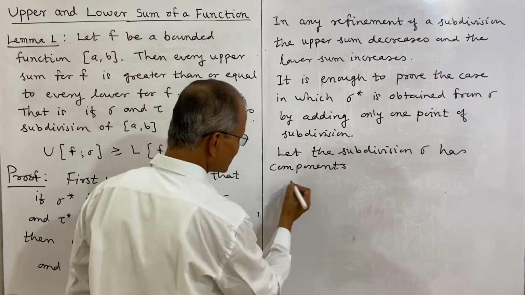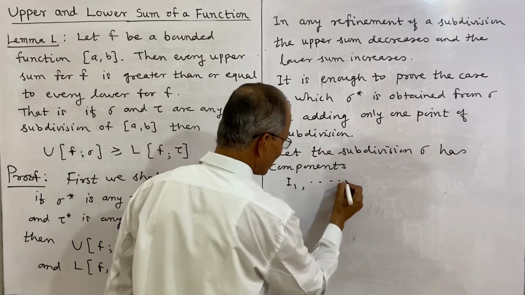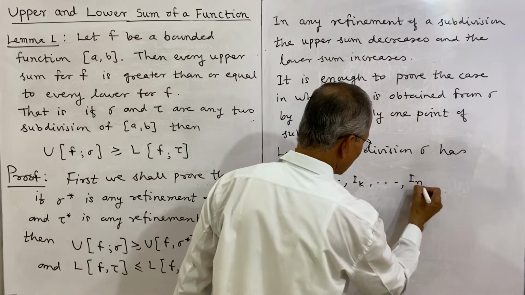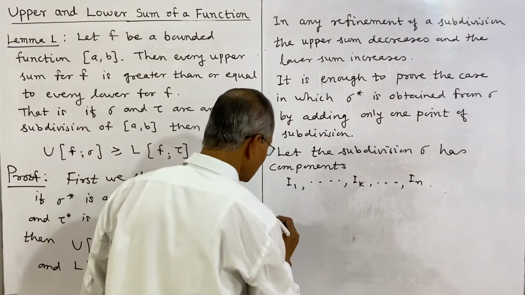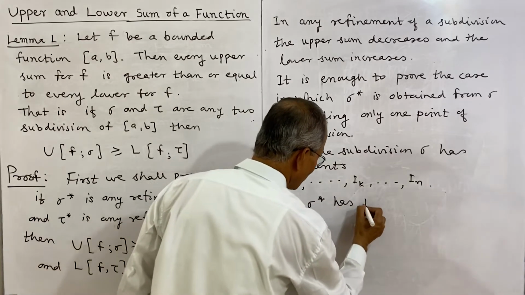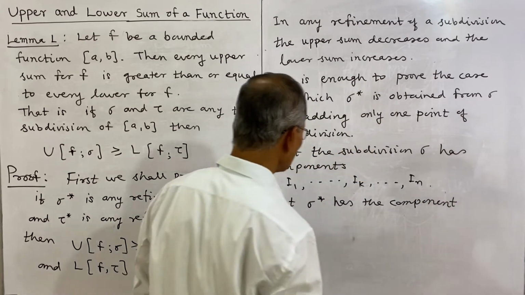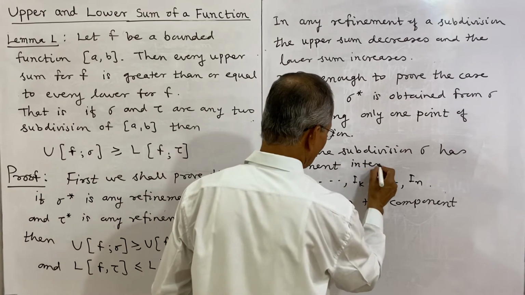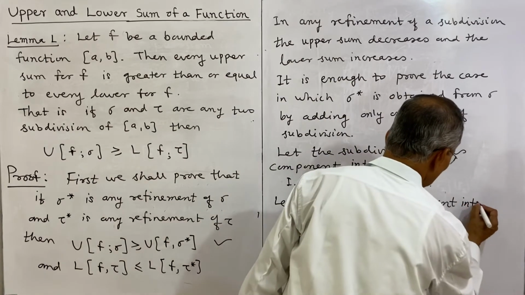The components we will consider for this subdivision sigma as I1, the first component, and so on, Ik, the kth component, and so on, In, be the components of sigma, and let the subdivision sigma star have component intervals as well.